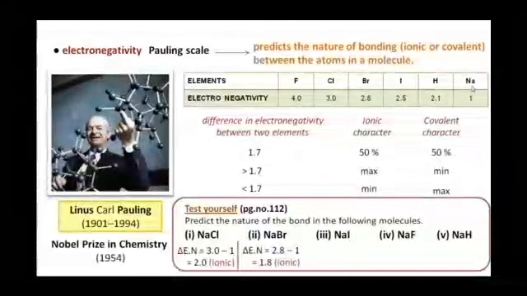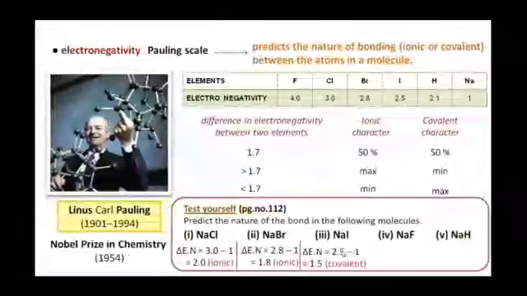Next, NaBr, sodium bromide. The value of Br is 2.8 and the value of Na is 1. So, electronegativity difference is equal to 2.8 minus 1, which is equal to 1.8. 1.8 is greater than 1.7. Therefore, the bond between NaBr is ionic in nature. Next, NaI, sodium iodide.